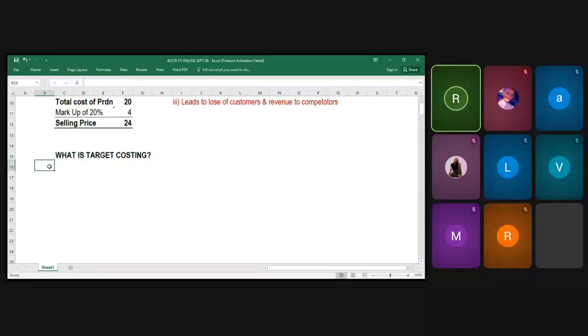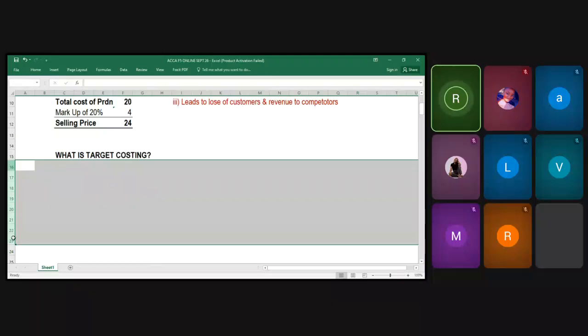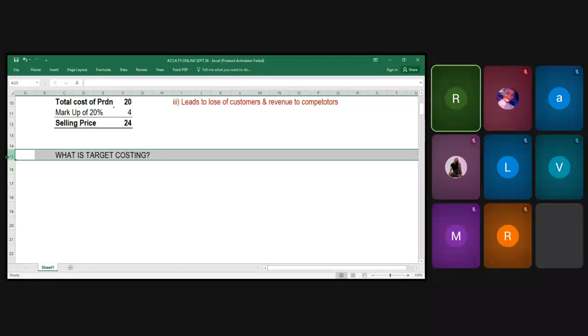If we are to price our goods and services using target costing, first of all, we need to consider the market. And who is the market? The market is our customers.